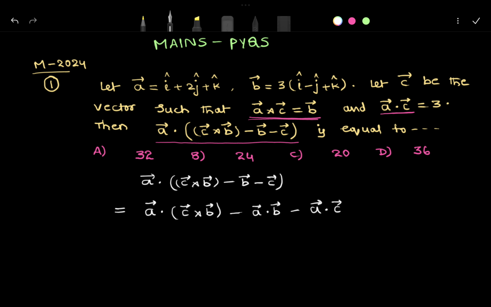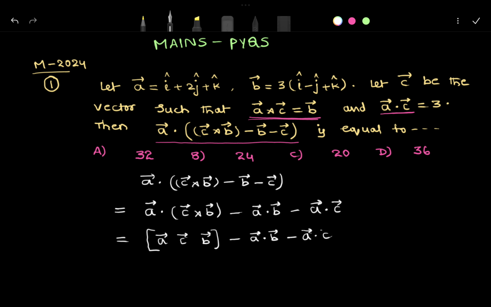The first one you can write as the box product of a bar, c bar, b bar, and the next ones are minus a bar dot b bar, minus a bar dot c bar.